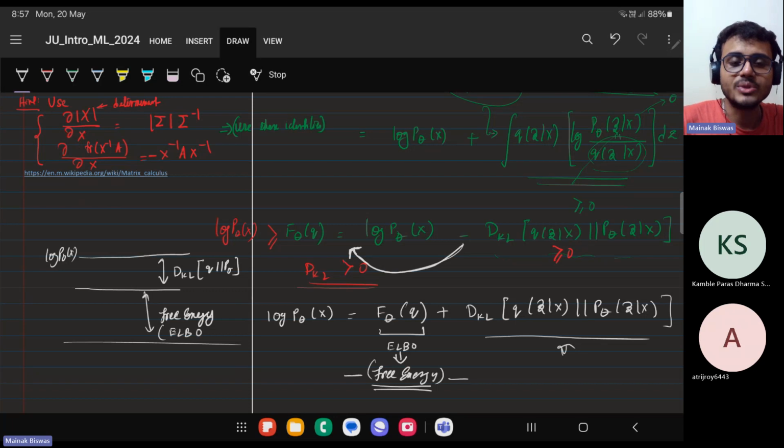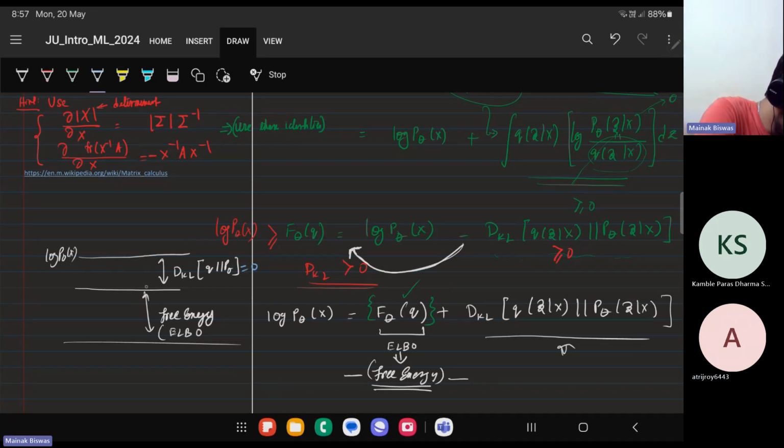So what should be your ideal case? You are trying to optimize f theta of q. You cannot optimize p theta of x. So for that I have to put the KL divergence to 0.